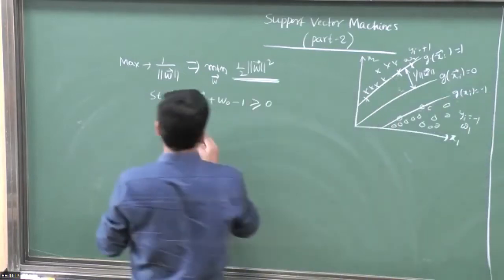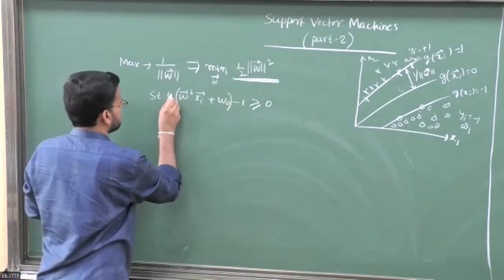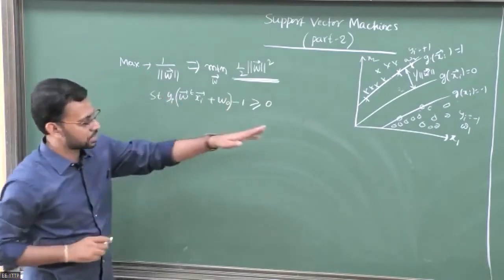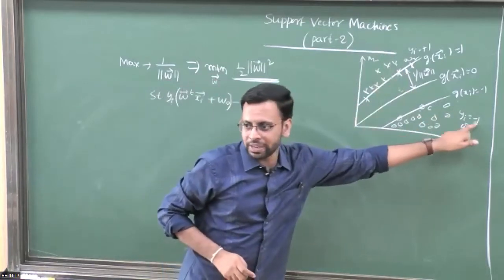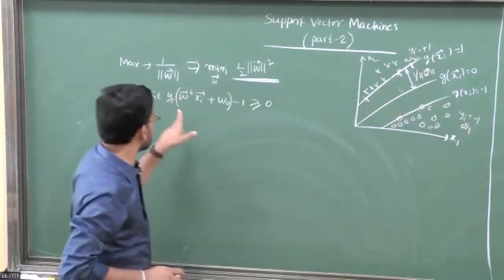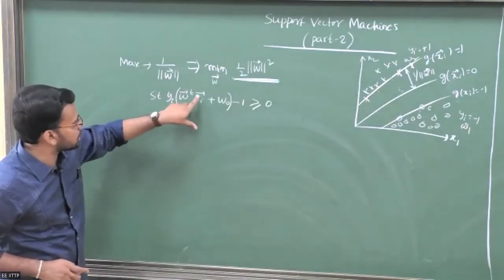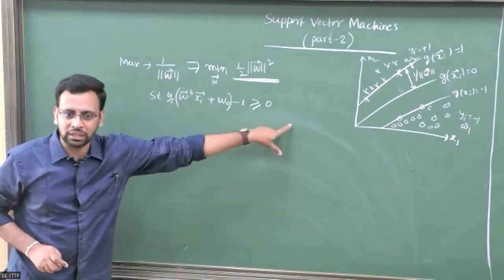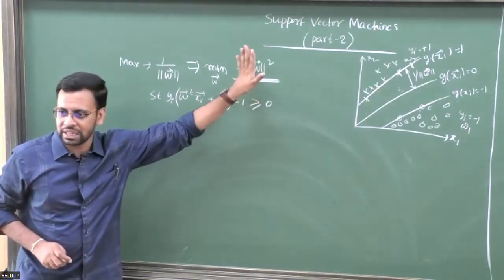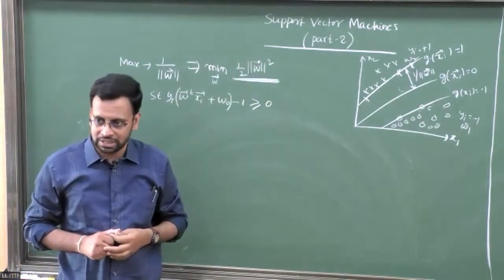Yes, that's a mistake. This should be multiplied with yi, because otherwise negative issue is there. So we consciously took -1 and +1 for that purpose. So subjected to the constraint that yi into W bar transpose times xi bar plus W naught -1 is greater than or equal to 0. This is all the gist of what we have discussed in the previous class.